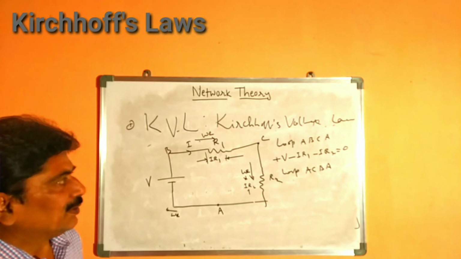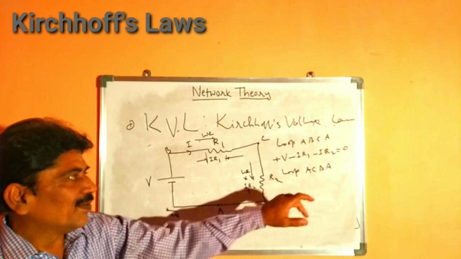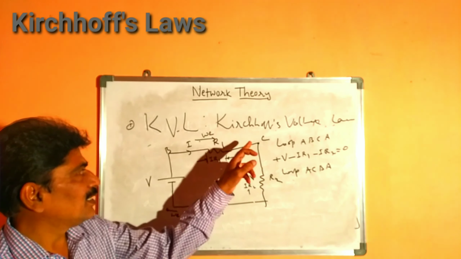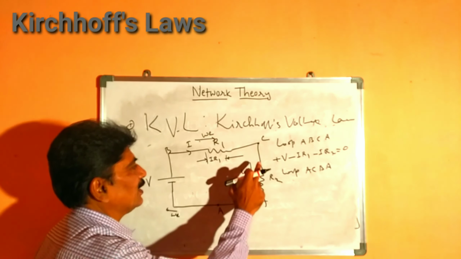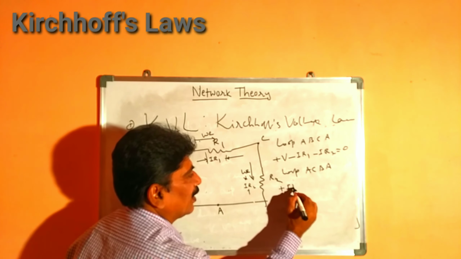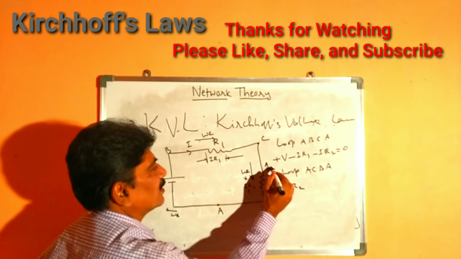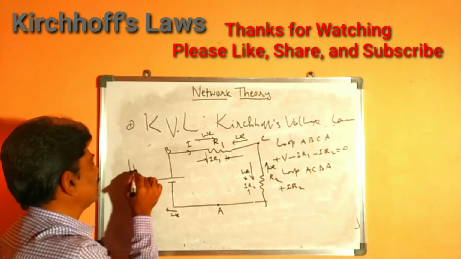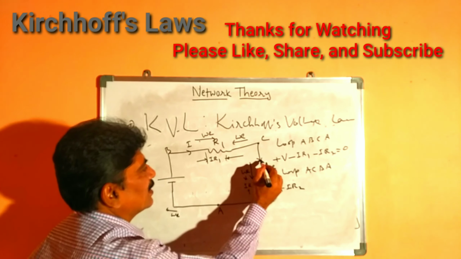We are moving from A to C, C to B and B to A, whereas the current is moving from A to B, B to C and C to A. So in loop ACBA, we are moving from A to C against the direction of current.